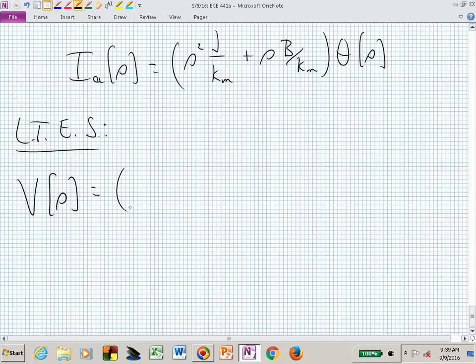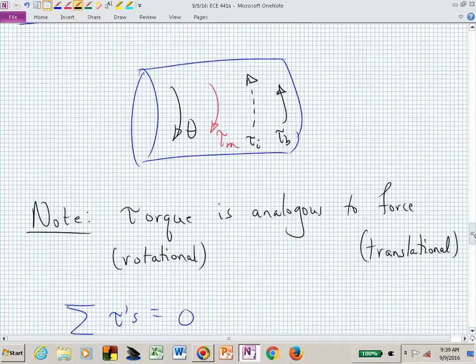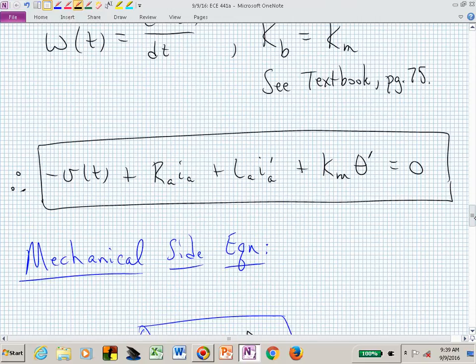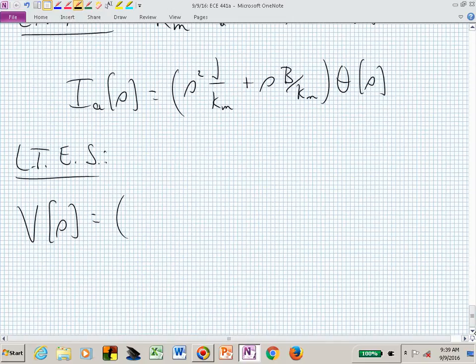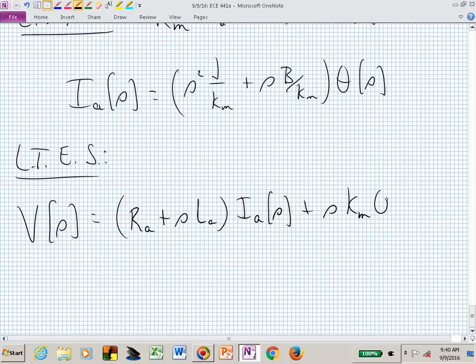And if we put V of s on one side, then it will now become positive, and we now have R sub a plus s L sub a, times I sub a of s, plus s k sub m theta of s. And what I want to do is replace this I sub a with that expression in terms of theta of s.